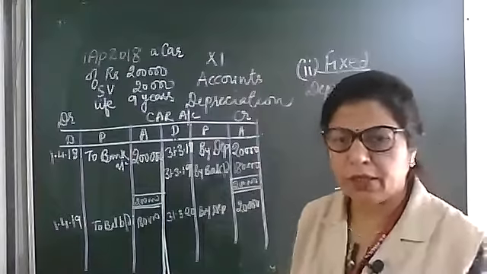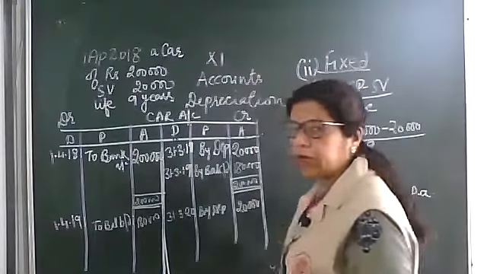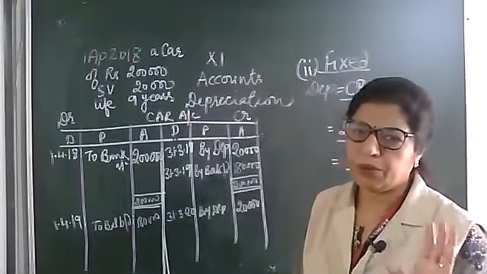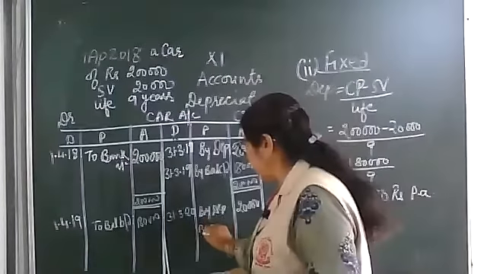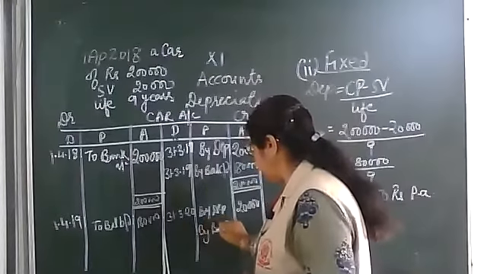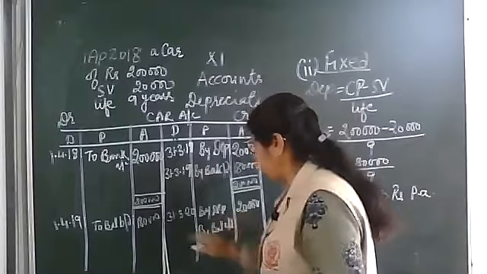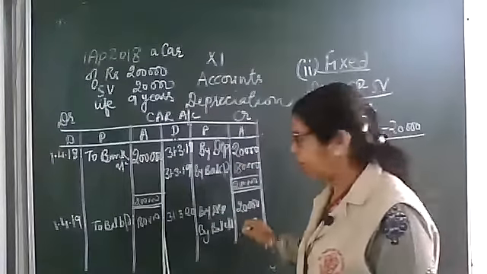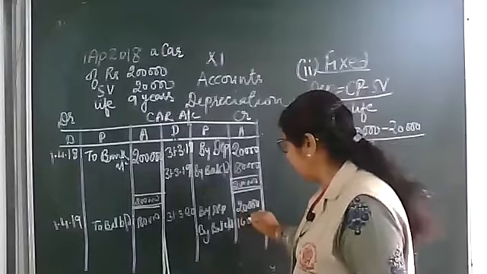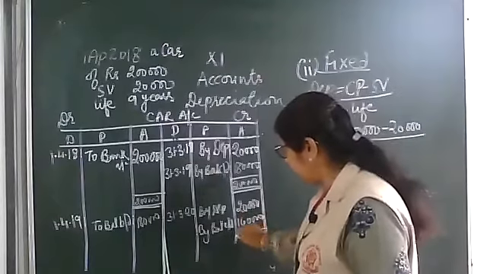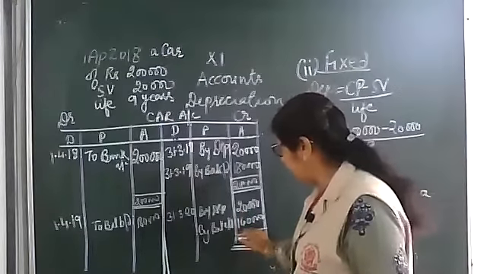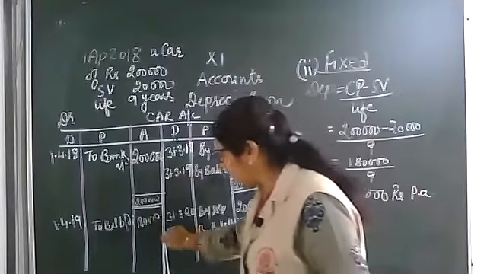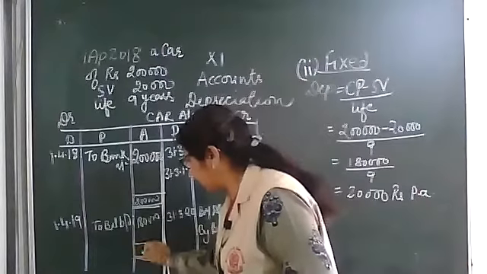So fixed method of depreciation means the amount of depreciation will be the same anyhow. Okay. So by balance CD, 1,80,000 minus 20,000, the balance remaining is 1,60,000. Again the total will be the same, that is 1,80,000. Here also 1,80,000.